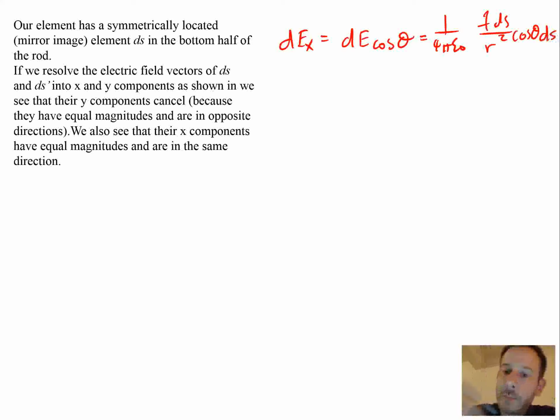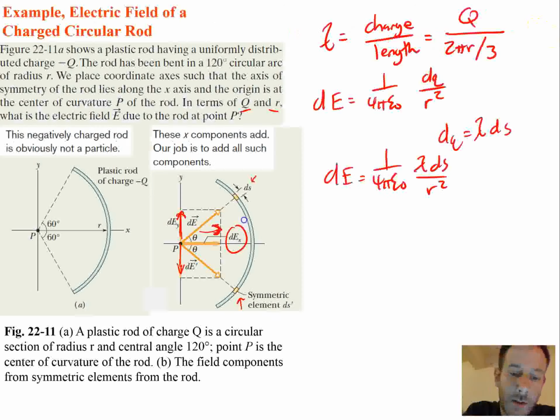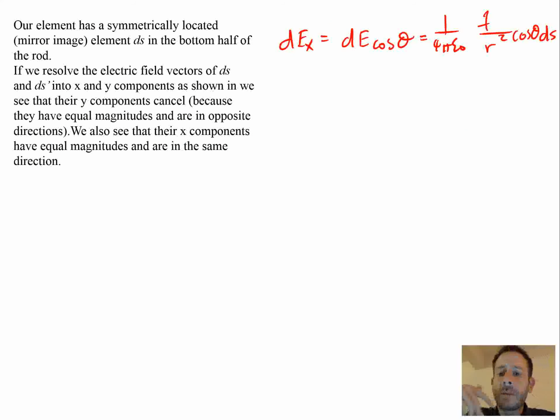Now this sort of runs into a problem, because now we have a theta and a ds, both of which could change, because theta changes as we go around the circle, and so does ds.